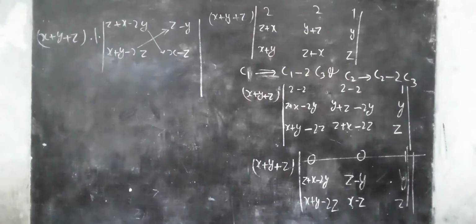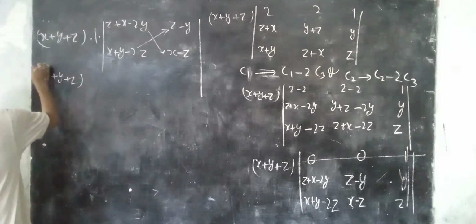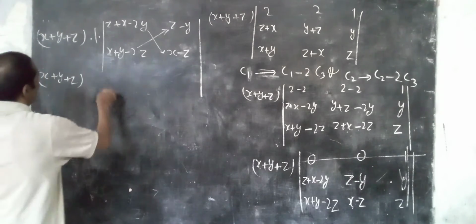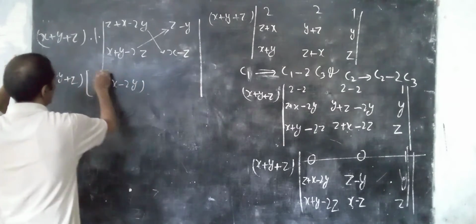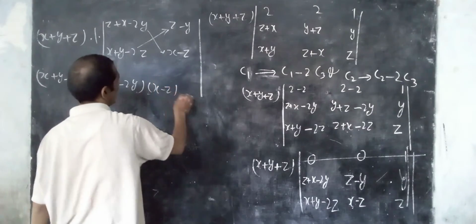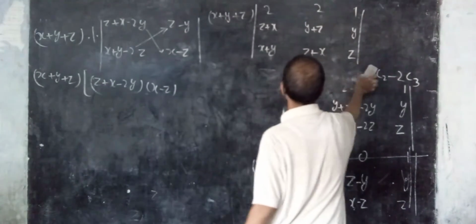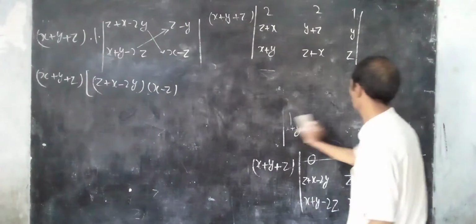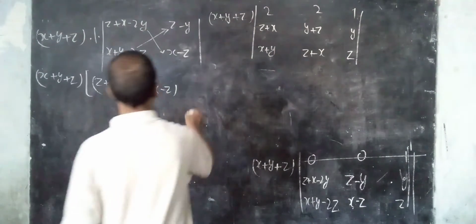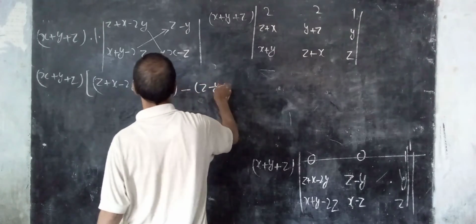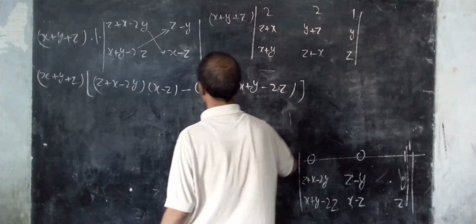So this becomes x plus y plus z, inside the bracket z plus x minus 2y times x minus z, minus z minus y times x plus y minus 2z.